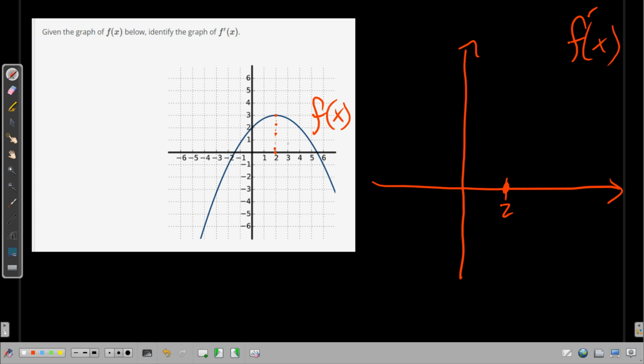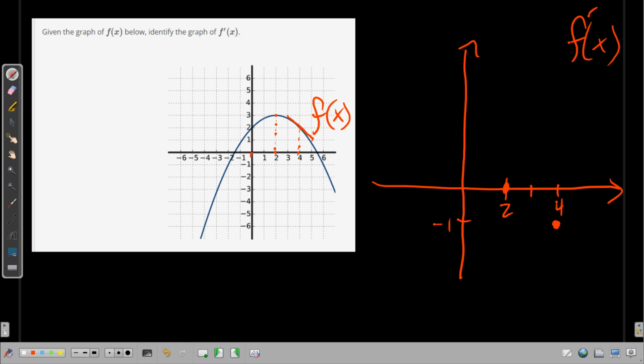And let's say x is 4. If x is 4, it sure does look like my value of f prime should be -1. So it would go through this point.